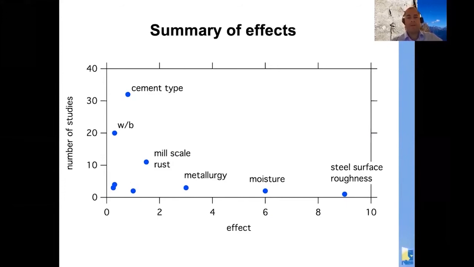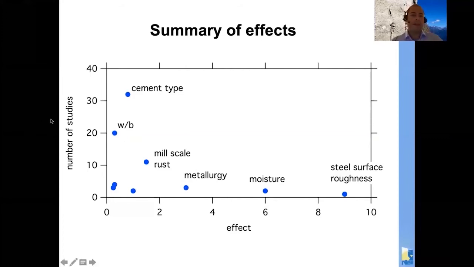This means that features such as moisture content in the concrete and its influence on corrosion initiation, or steel-related parameters such as the metallurgy, seem to have a large effect, but they have only been studied to a very limited extent.